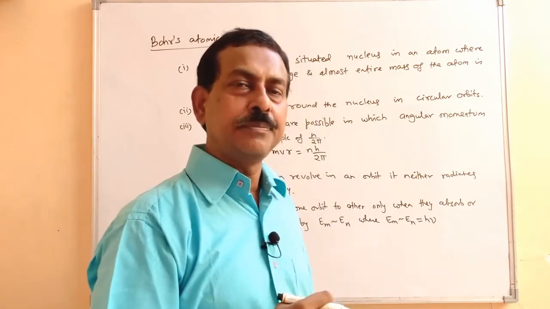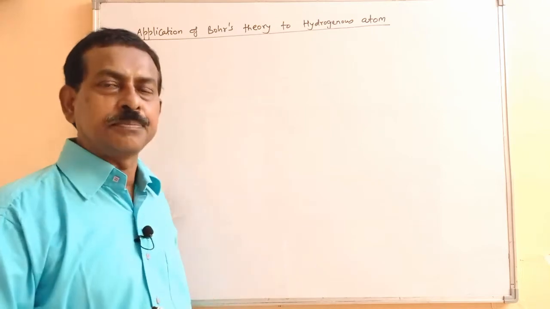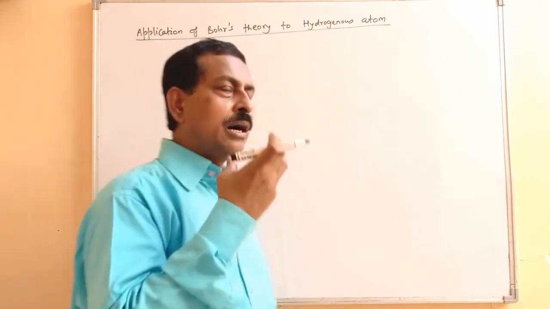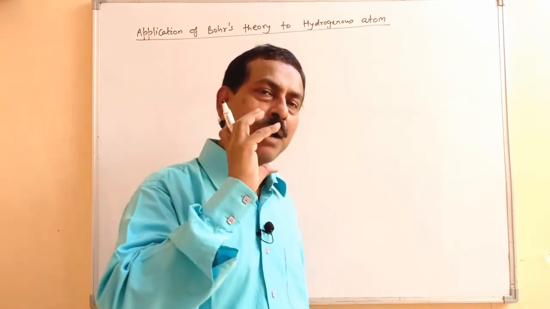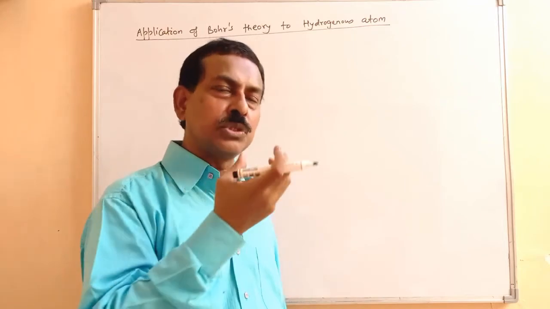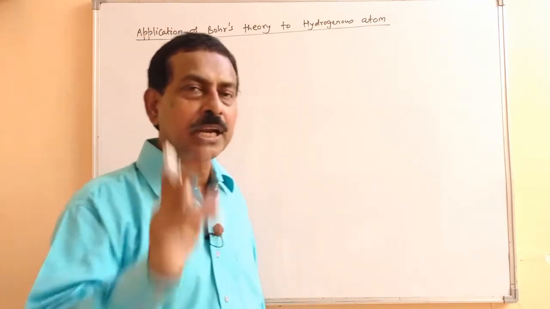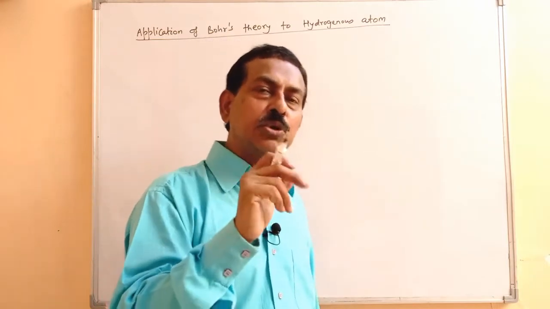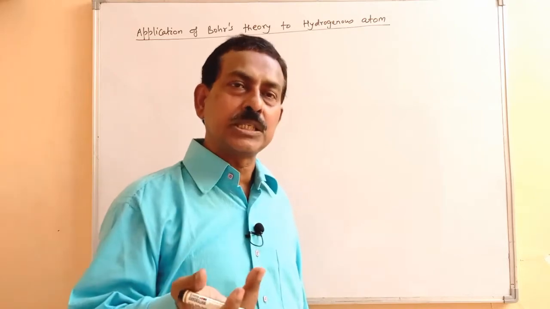Let's apply Bohr's theory to a hydrogenous atom. That means we are taking a hydrogen-type atom, an atom which has one electron in the outermost orbit, like hydrogen or He plus. It may be lithium, sodium, or Mg plus.